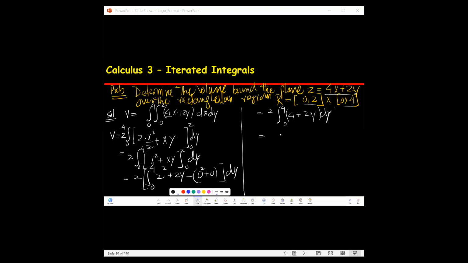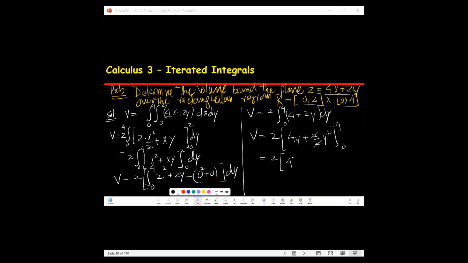Now I take the second integral, and I just want to make sure this is our volume. So it's going to be 2, and inside it's going to be 4y plus 2 over 2 y squared, and then the 4, 0 limit, and then let's simplify something.